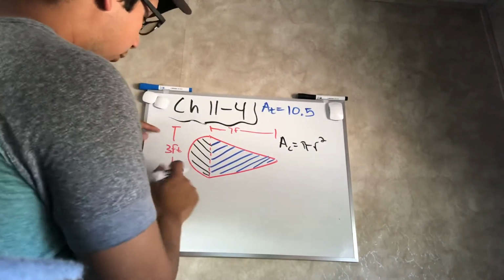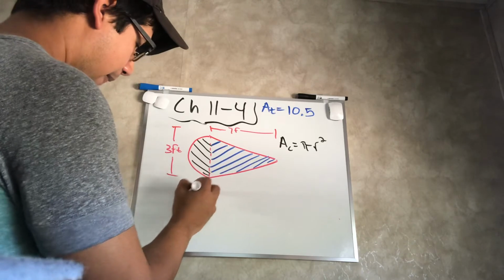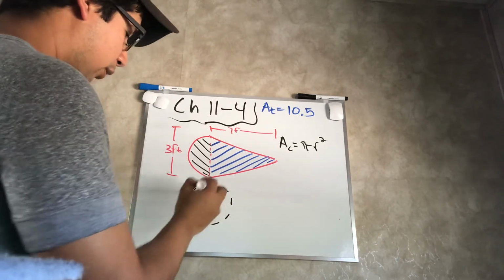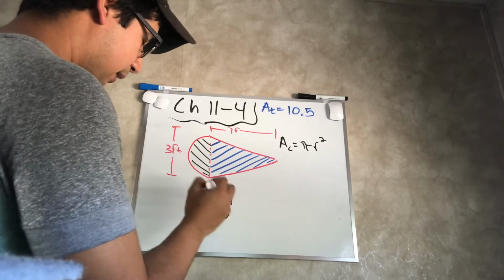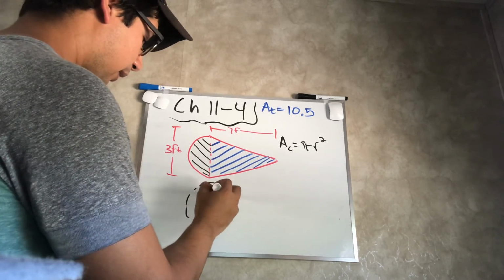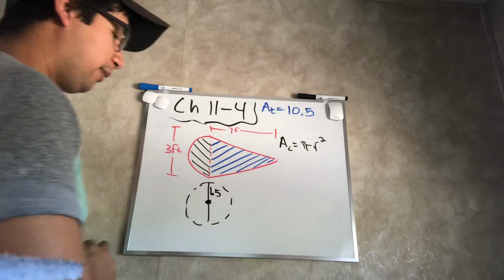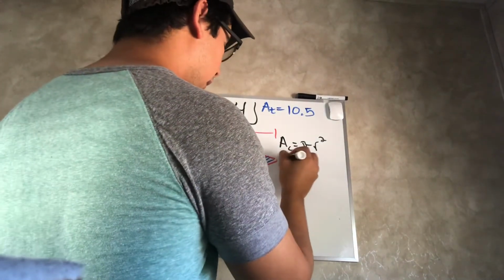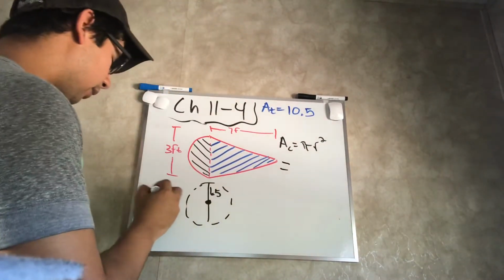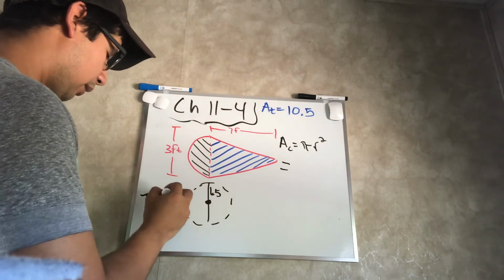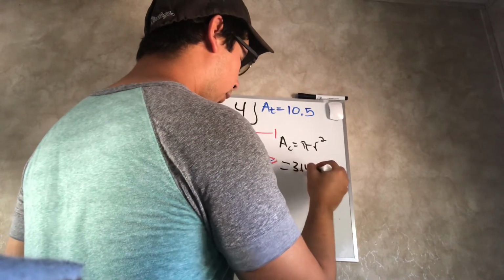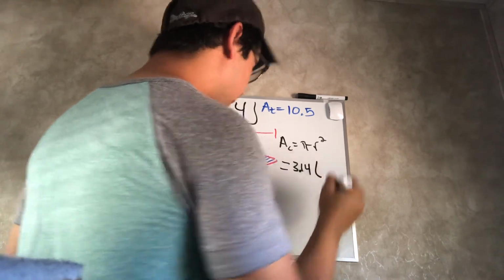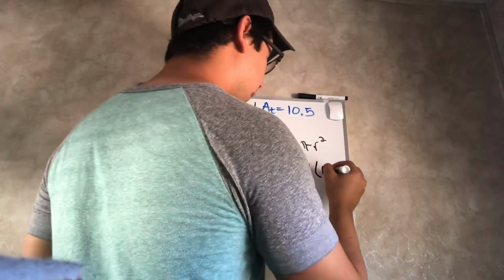So if this circle here measures 3 feet, half of it would be 1.5. So my radius is 1.5. So we have here pi, remember, we're using 3.14. So 3.14 times my radius, which is 1.5 squared.